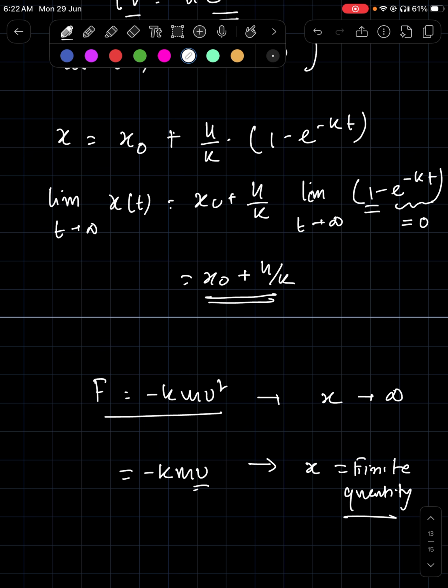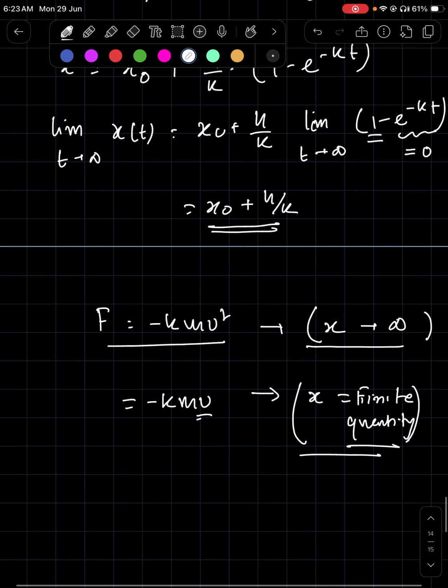In both cases, the velocity is decreasing, right? But in the previous case, x becomes infinity. In this case, it becomes a finite quantity. Why is it so? Can you recognize why it is happening?